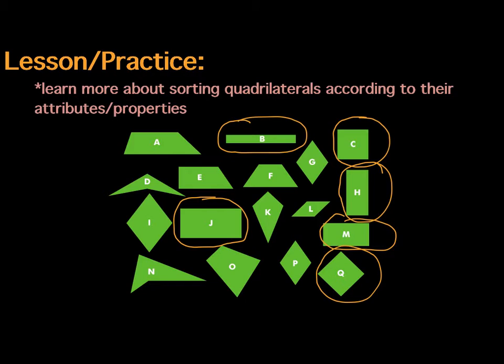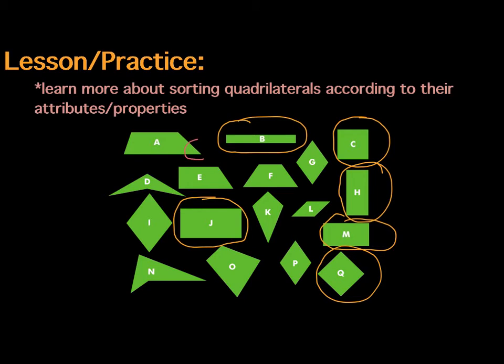Now, if I were looking for, let's say, acute angles, which of those would have acute angles? So now I'm looking for smaller than 90. And let's say that it has at least one acute angle. So looking at those shapes that I have left, which of those would have at least one that is acute?